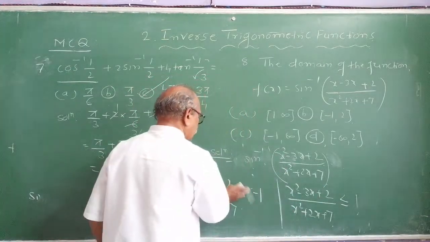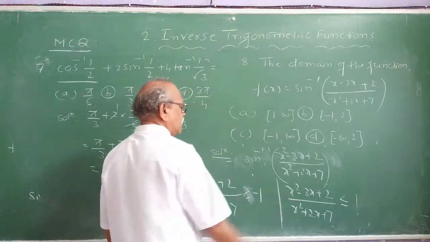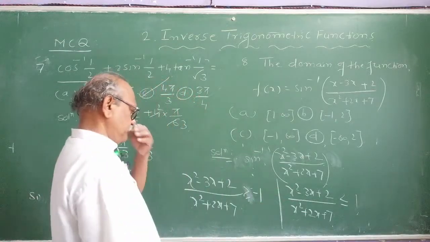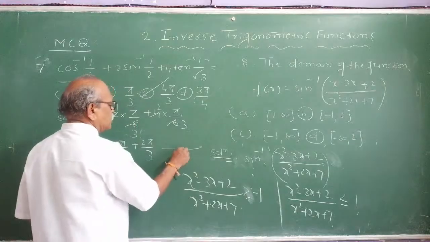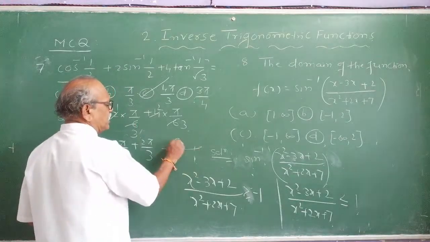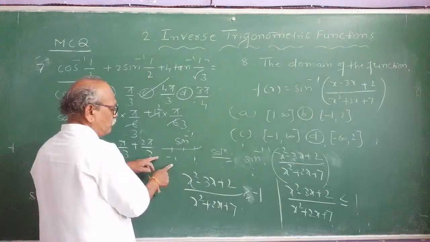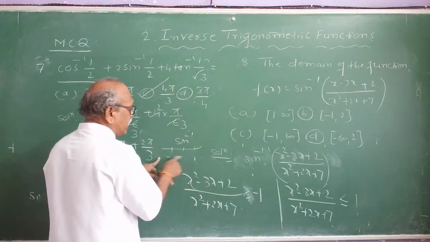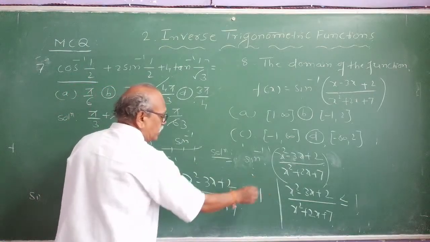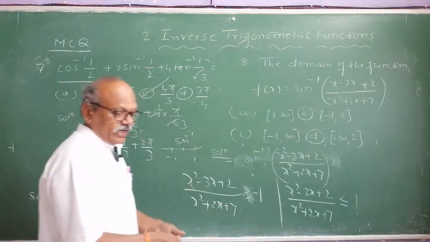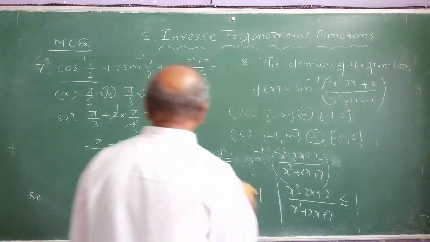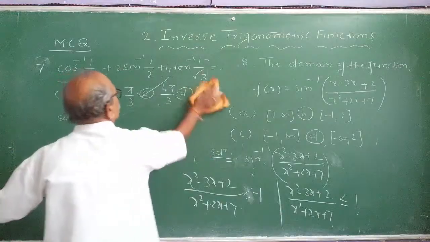For sine inverse function, its value will be greater than or equal to -1 and less than or equal to +1, because on the number line its value lies between -1 and +1. Solve the inequality and you will get the values.